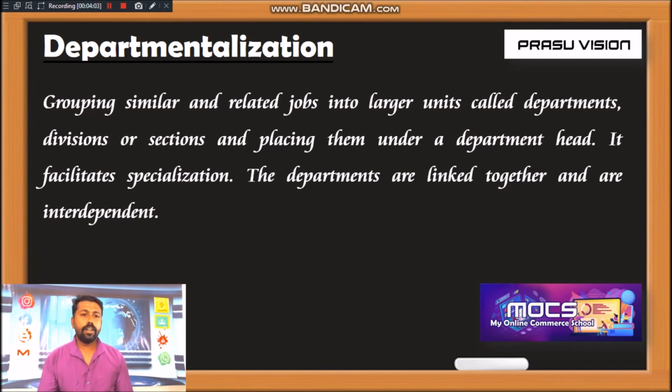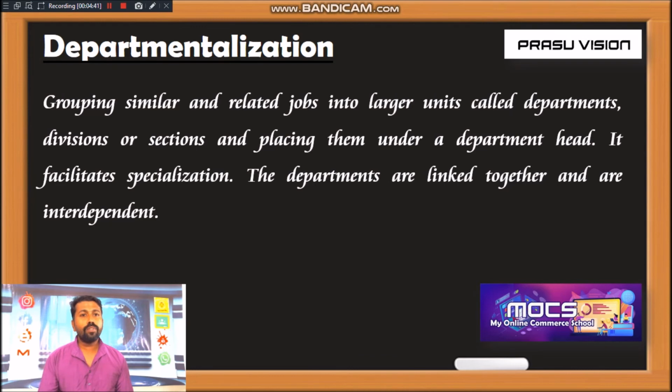You know very well different departments will be there in an organization, like the production department, purchasing department, sales department, financial department, marketing department, human resource department. Depending upon the similarity and related jobs, they will be divided and arranged into larger units, and those units are the departments or divisions or sections, and the process is known as departmentalization.